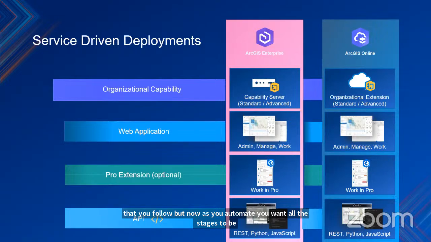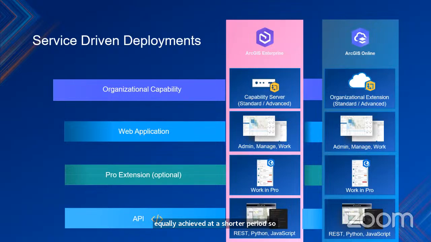So we have service-driven deployments. In case you have any queries on the licensing models, we have a very able team. You can always ask in the chat. But depending with what your organization has, be it ArcGIS Enterprise or ArcGIS Online, we have organizational capability. We have the web application where you can administer, manage, and people can conduct work.